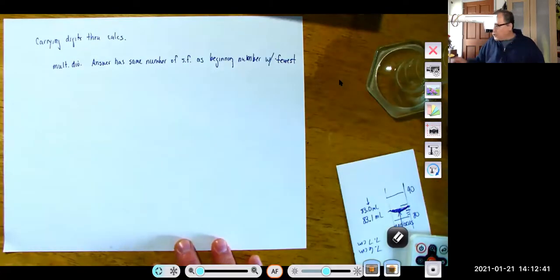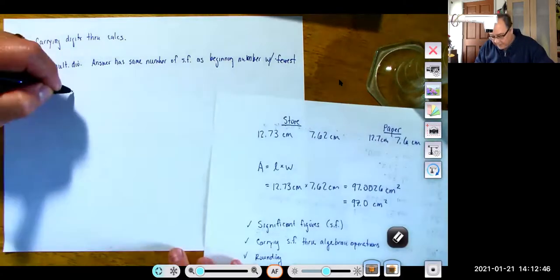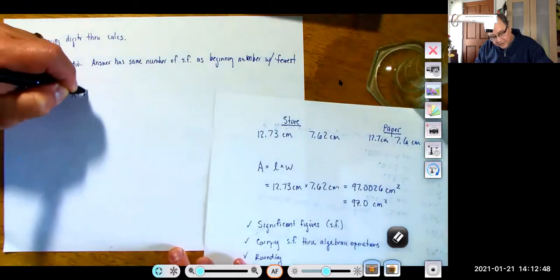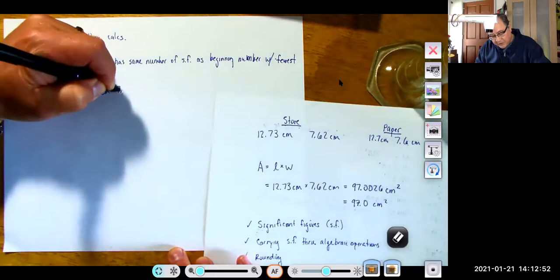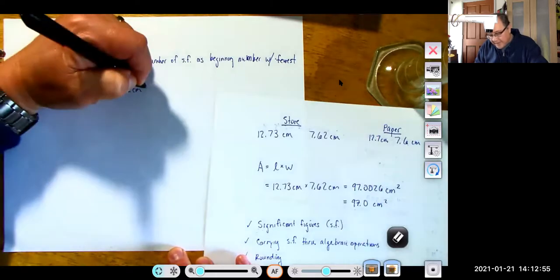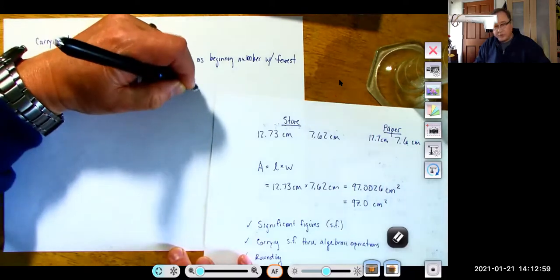So I want you to recall that we multiplied for the area 12.73 centimeters times 7.62 centimeters, and we got 97.0026 centimeters cubed.